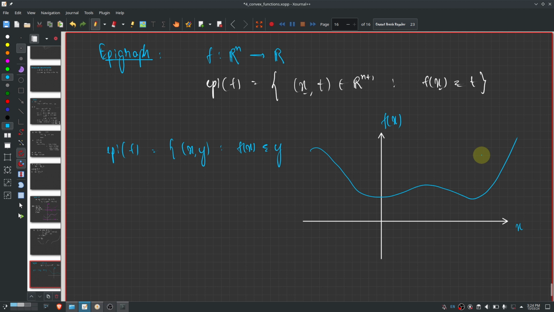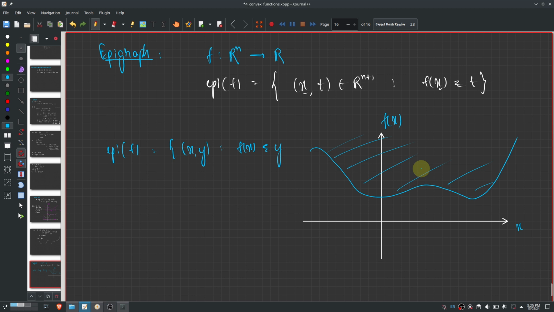So f of x is less than or equal to t, or t greater than or equal to f of x. So it would be this entire region, and this holds in general in Rn. If you think about a function defined on R2, right? So you think of a surface, you geometrically try to visualize any surface. The entire region above this surface is the epigraph.